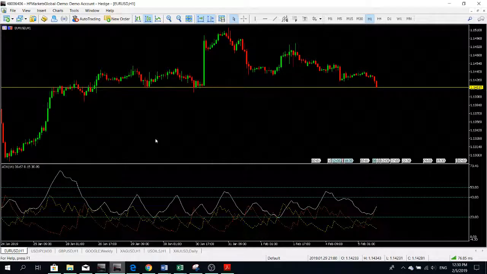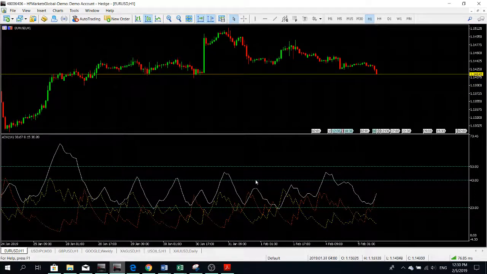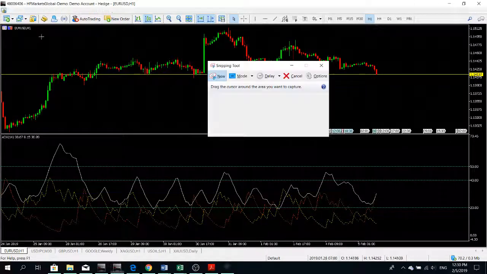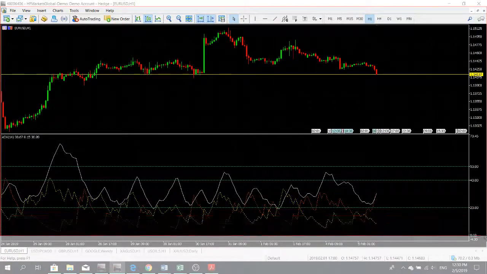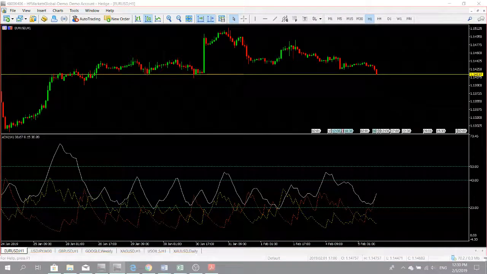What we see here is the ADX index chart. Here we have three lines.